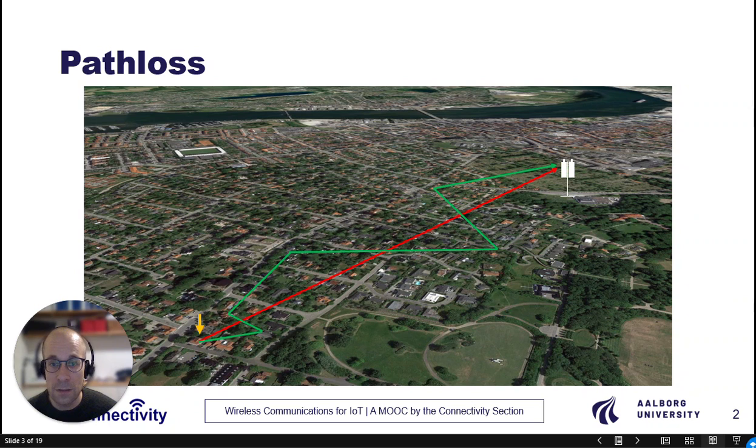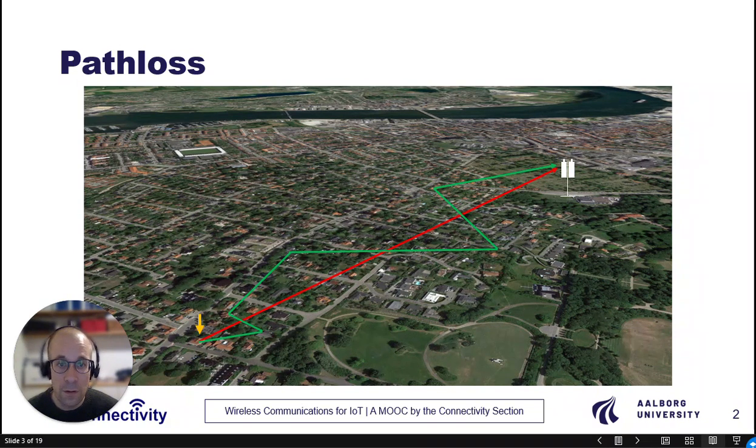The wireless signal is emitted in all directions, and once it hits a hard surface like a wall or a rooftop, it's reflected. And then after multiple reflections, it will finally reach the base station. And there will be multiple of these different paths being reflected on different surfaces and so on.